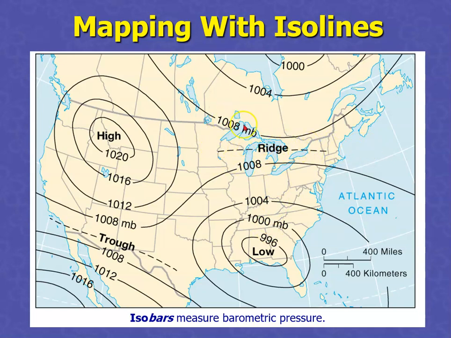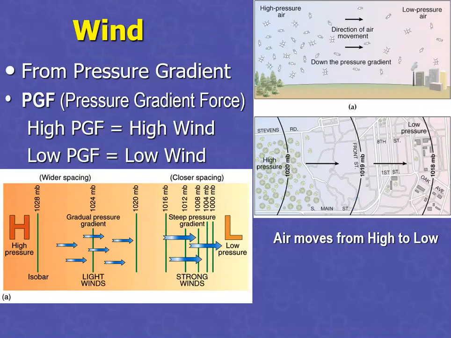So it's not the number, it's just what's next to it that makes it an area of high pressure or low pressure. And why that's important is that air moves from the high to the low. The area that has a great concentration of air molecules is going to feel those air molecules drawn towards where there's less air molecules. So the low pressure is pulling the air molecules towards it to replace the missing air molecules here.